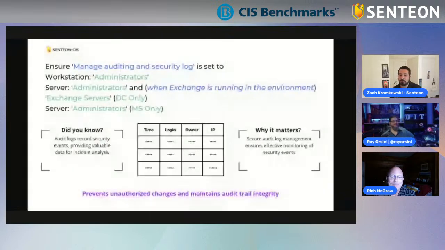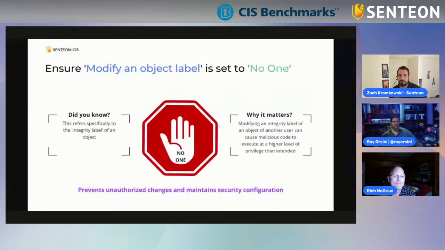So we were talking earlier about modifying, and the next two settings have to do with modifying object labels. Why should no one be modifying an object label? This has to do with the integrity of the file, or the process, or whatever happens to be. They have their labels so the system knows what's what. In the layperson's view, it's like changing the file extension of a file.